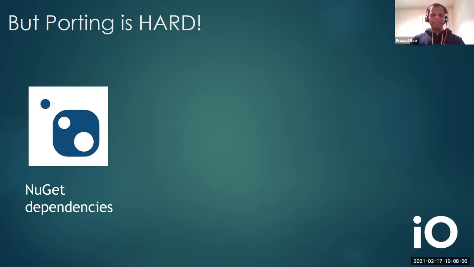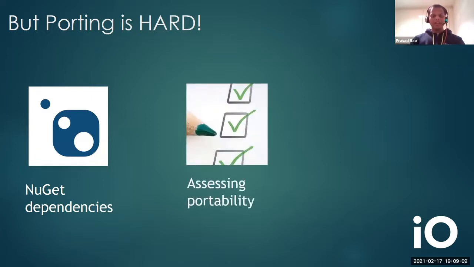There are many NuGet packages that are exclusively available for .NET Framework, and that makes any .NET Framework application using those packages incompatible with .NET Core or .NET 5. And that leads to another problem, which is the difficulty in assessing whether an application is compatible for porting to .NET 5 or not, and how much effort is required to make it compatible.